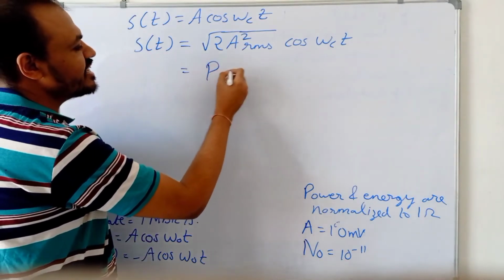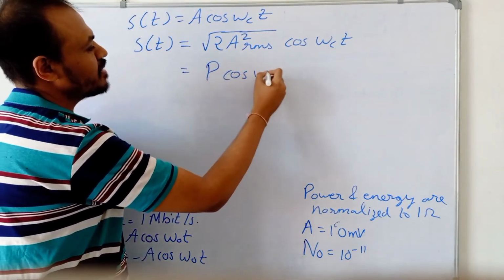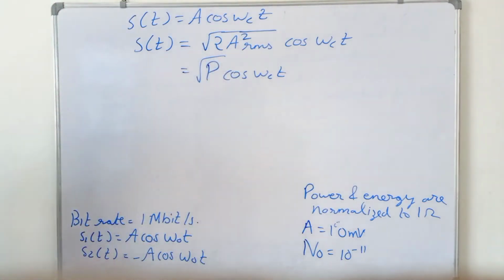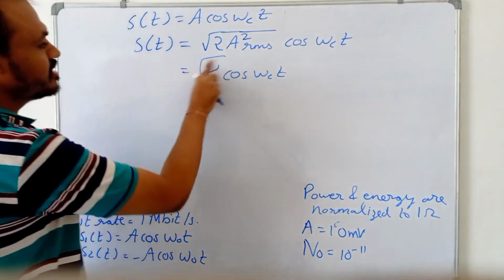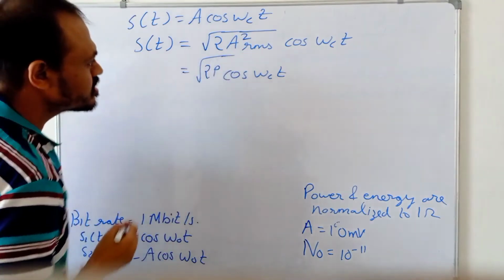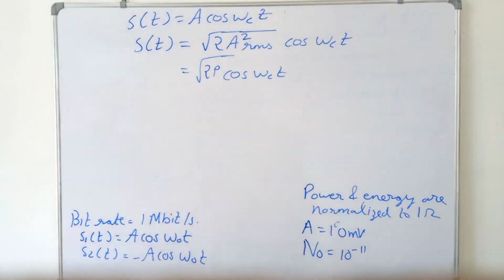So we can write it as root of 2P cos(omega c t), because A RMS squared is the power of the signal.